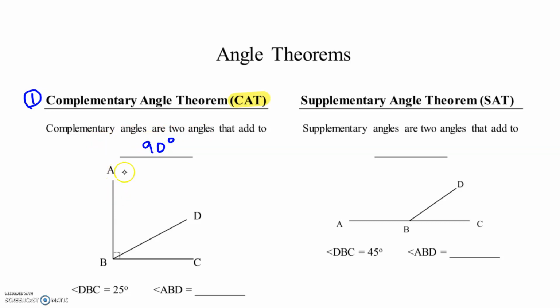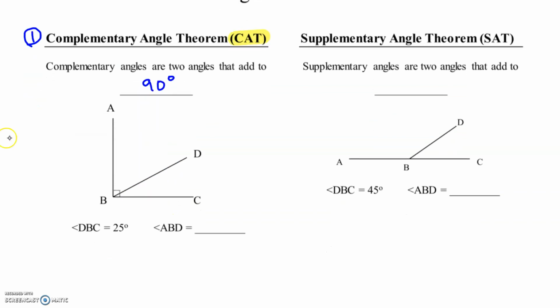So we have angle ABC, we can see as 90 degrees here, but then we have this other line D, and that creates two angles. So if angle DBC, let's remember how we name an angle. It starts at D, then it goes to B, so I go DBC.